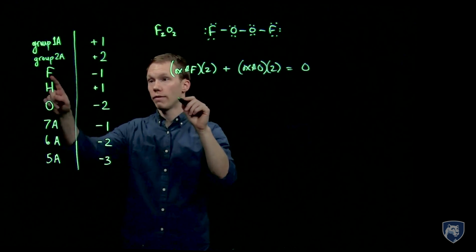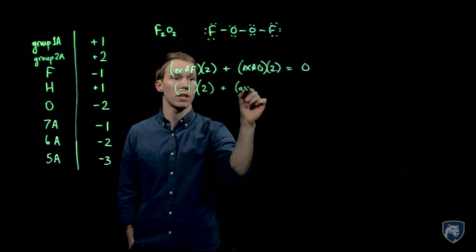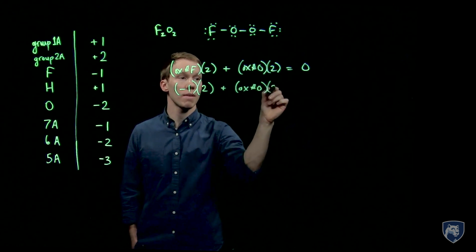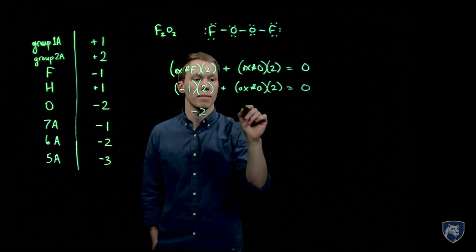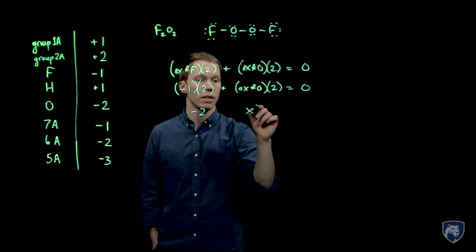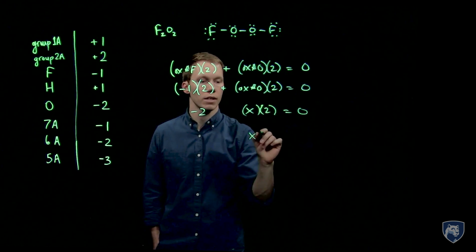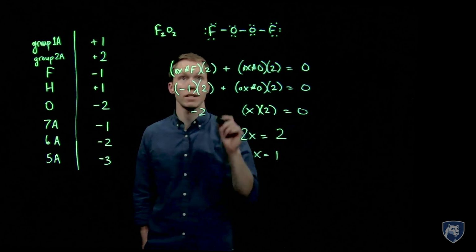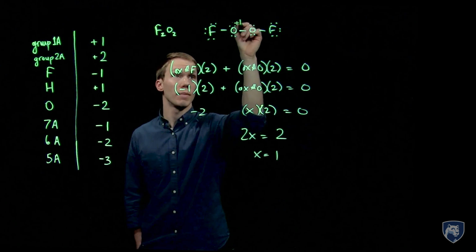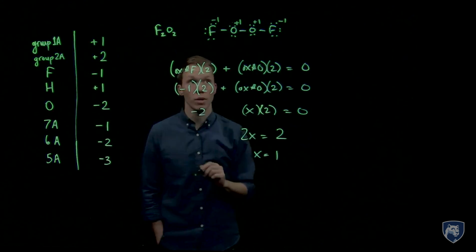So we assign fluorine first as -1, so -1 times 2 plus the oxidation number of oxygen times 2 equals 0. So we've got -2 plus x, we'll call that x, times 2 equals 0. So 2x equals 2, so x must equal 1. The oxidation number of oxygen must be +1 in order for this to work out appropriately.